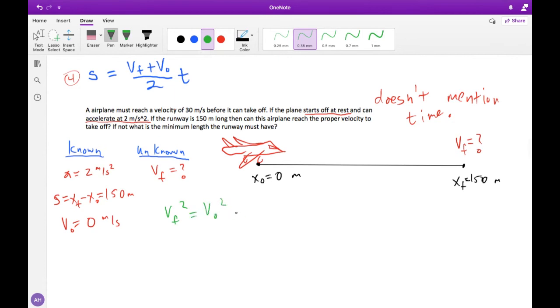V final squared equals v initial squared plus 2 times the acceleration times displacement. Well, let's just ignore the initial velocity term because we know that's 0. We want to find v final, but v final is squared, so we'll also have to take a square root. So v final is equal to the square root of 2 times acceleration times the displacement.